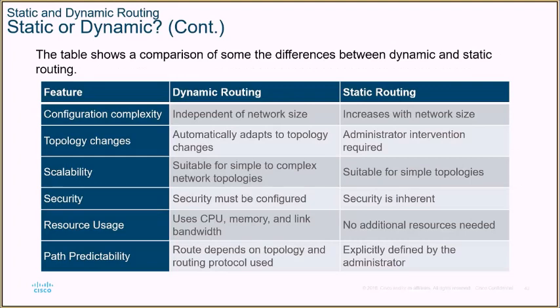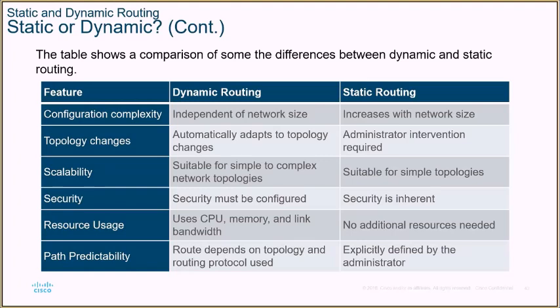All right, so comparing the two, what configuration complexity is there? Dynamic routing is always pretty much the same no matter what the size of the network. With static routing, as you add networks, the number of static routes that you need to add actually grows exponentially. And so after a while, static routing just becomes a nightmare.